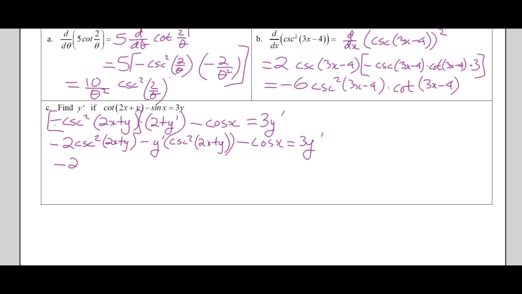So we've got minus 2 cosecant squared of 2x plus y, minus cos x, is equal to 3y prime plus y prime times cosecant squared of 2x plus y.